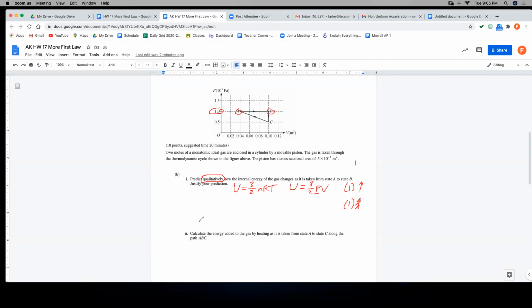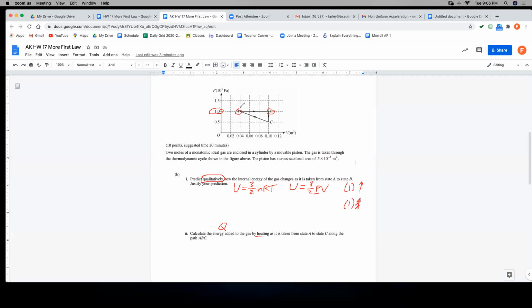Okay. Calculate the energy added to the gas by heating as it is taken from state A to C along the path A, B, C. Now we know that energy added is basically the same thing as heat, because heat is the energy that you're adding to a gas. It says heating, so it's heat.